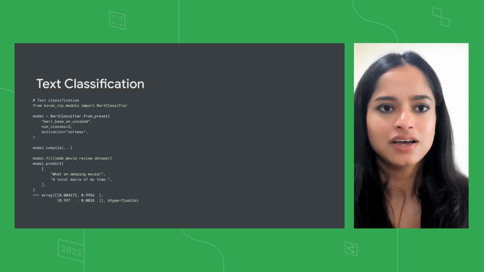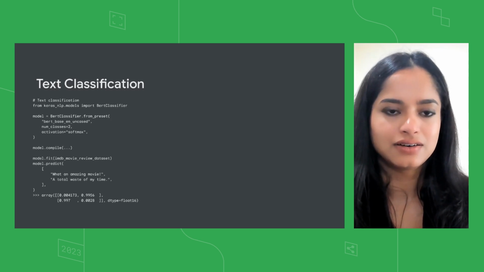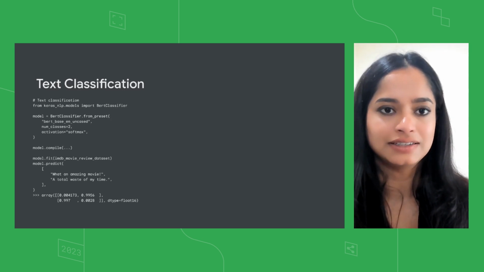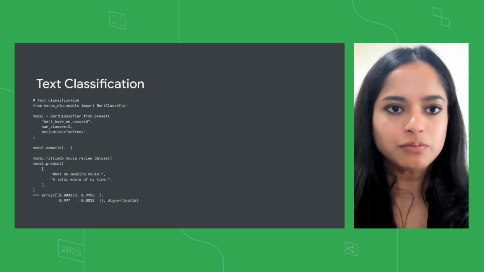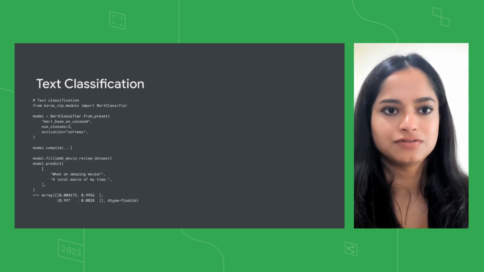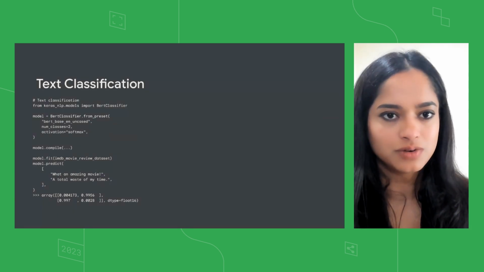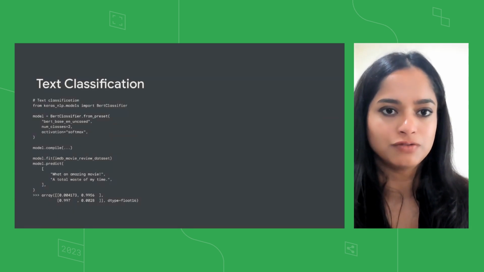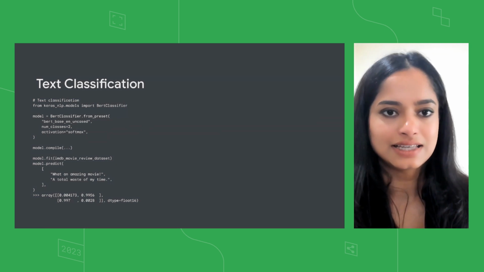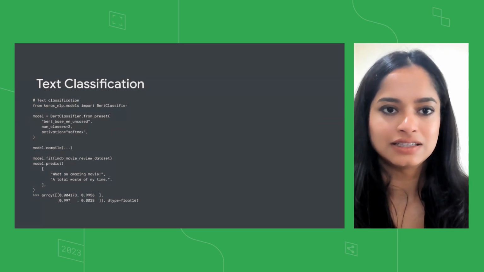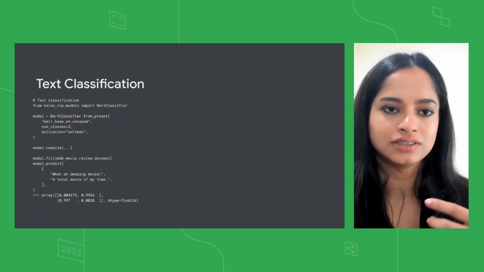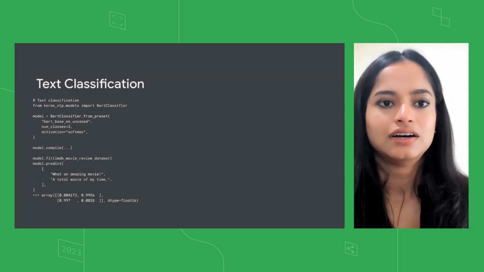So in this case, we will use the BERT base English uncased preset. And this backbone has been trained on gigabytes of text data to understand the meaning of words in context and extract more information from our labeled examples. You can find a list of all available presets in the class docstring or on the Keras.io website.